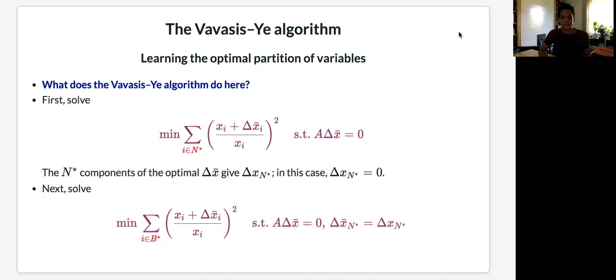And note that if we find the correct partition, then the objective value of this system is going to be 0. Now, subject to the solution that we find here, we then solve, which can be seen on the lower half of the slide, the problem for B star. Note that if we find the correct partition, we find optimal solutions here.